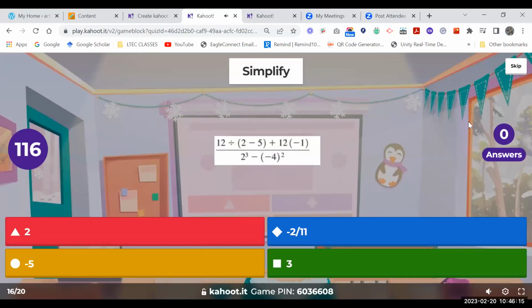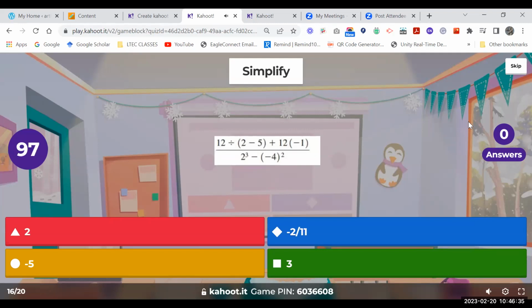Oh, 12 divided by 2 minus 5 plus 12 times -1, 2 to the third minus -4 squared.